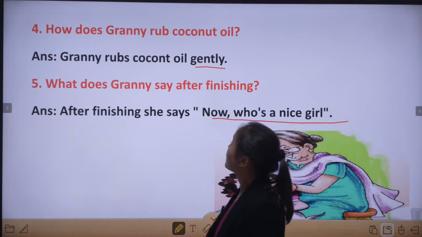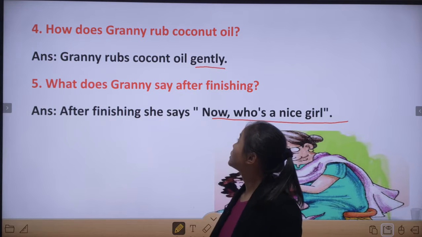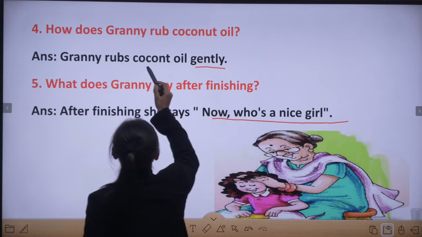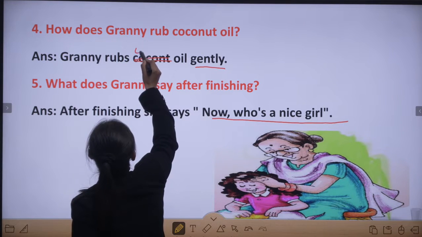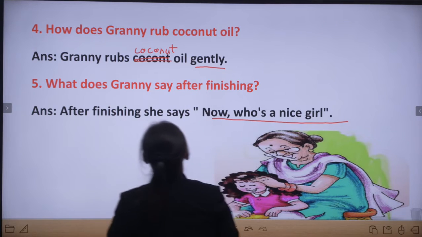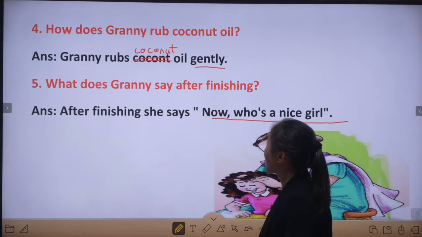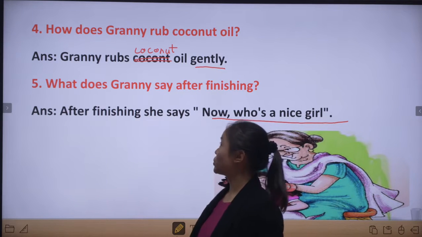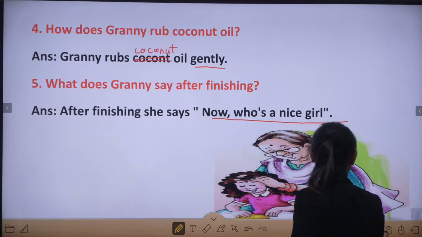How does Granny rub coconut oil? Granny rubs coconut oil gently. This is not the spelling. C-O-C-O-N-U-T, coconut oil gently. Number 5, what does Granny say after finishing? After finishing, she says, now who is a nice girl?